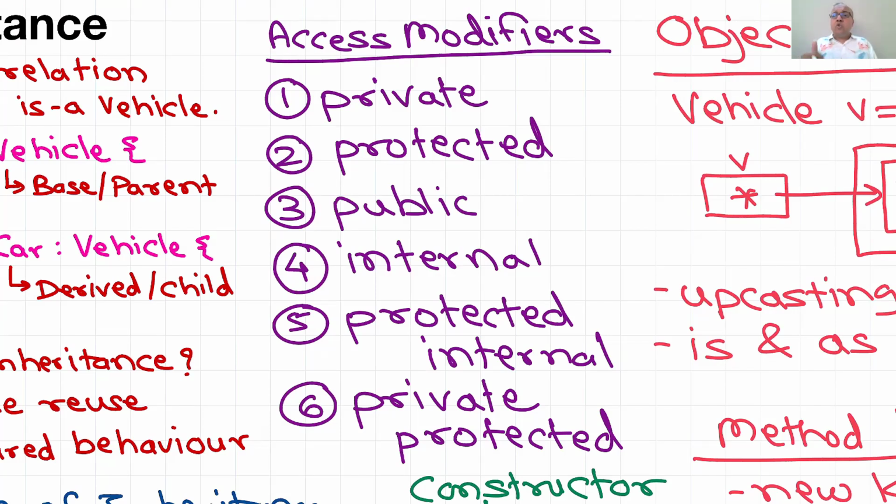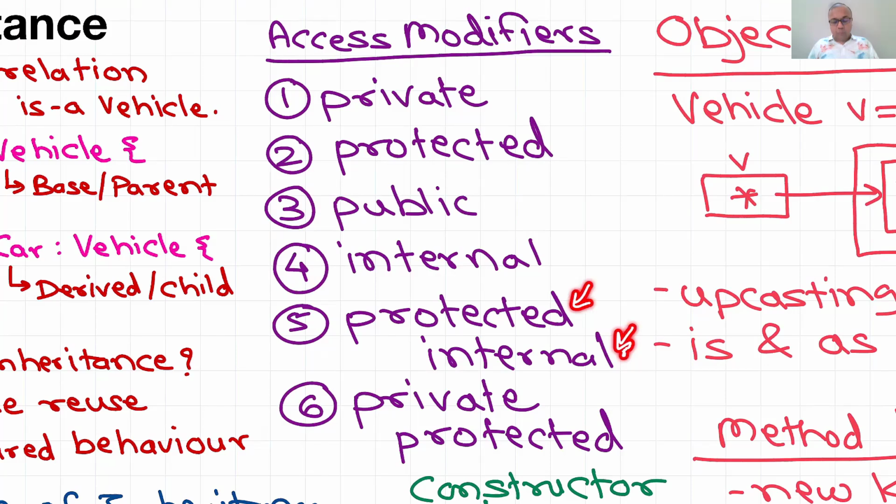And then there are two more specializations. One is protected internal and another one is private protected. The protected internal talks about any member which is declared with this access modifier will be accessible in all the classes in the current assembly due to internal. But it will also be accessible in all the classes outside the assembly which are inherited from that class.